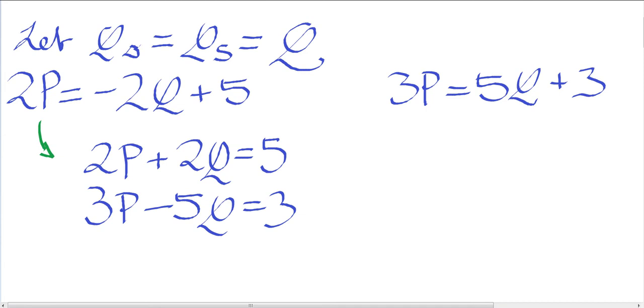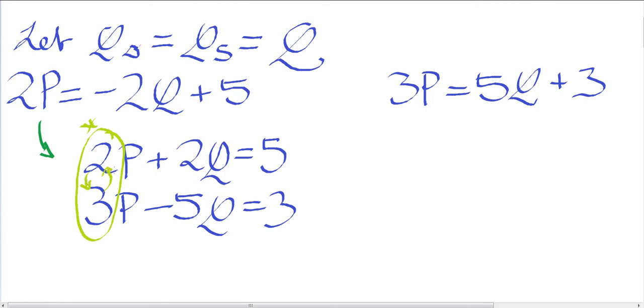Okay, so the routine in simultaneous equations is to either get these numbers matching or get these numbers matching, so that once they match, I can take one away from the other and that'll get rid of one of the letters. One sure way that'll always work is to look at the first column and do a swap.